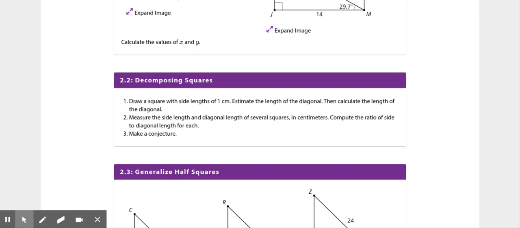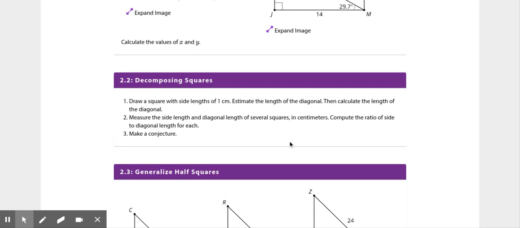So if it's 5 units on a side, the length of the diagonal, or the hypotenuse, is 5 times the square root of 2. If it was 4 units on a side on your square, the diagonal would be 4 times the square root of 2. It would be the square root of 32. And again, that would become 4 times the square root of 2.